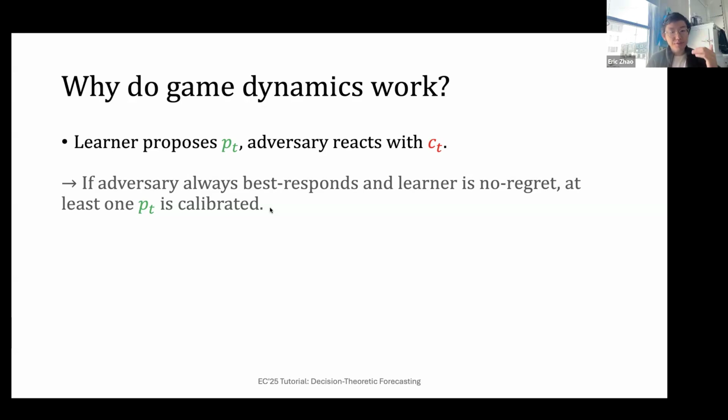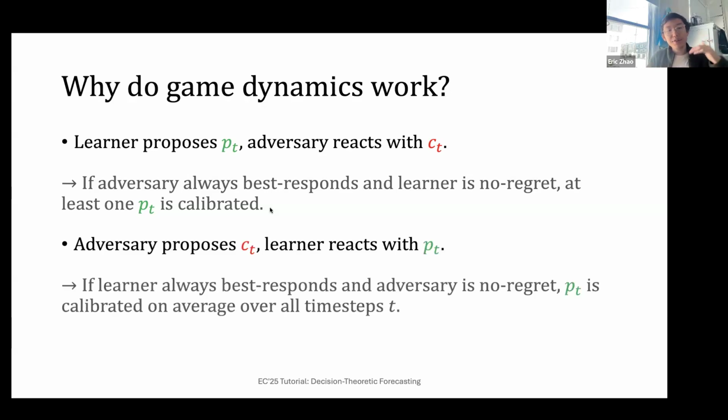For those familiar with using game dynamics to find Stackelberg equilibrium, this is a pretty classical Stackelberg algorithm where the learner is the principal. The other game dynamic is for the online setting, where the adversary moves first.